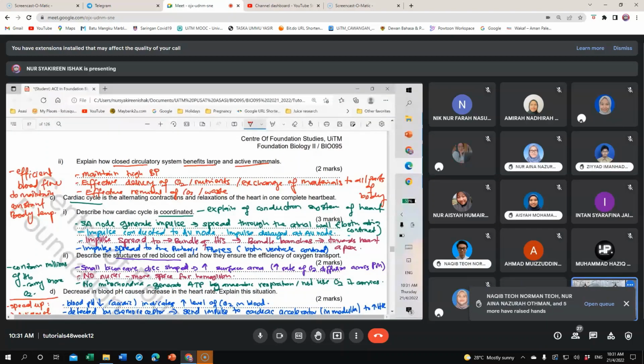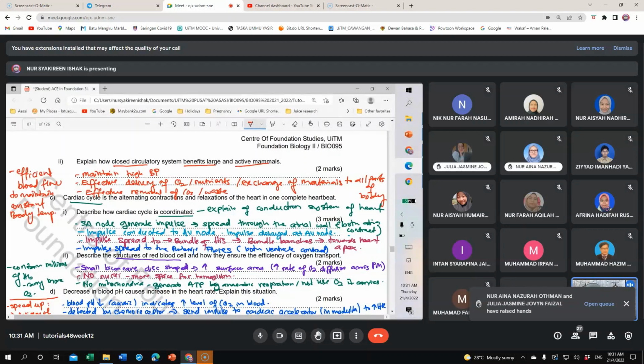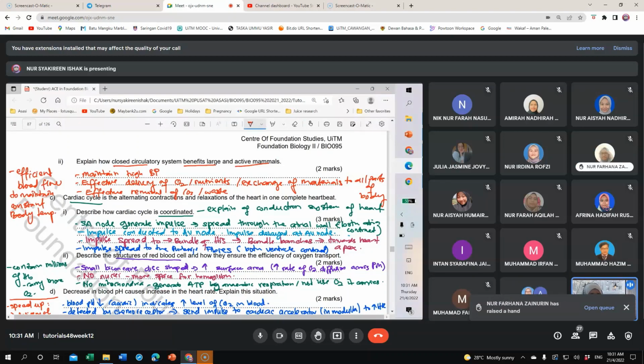Many, right? So look at the question, what the question wants. Many of you raised your hand. Coordinated, how is it controlled? By how the impulse is generated and flows through the myocardium. So first you have to explain. This question is 3 marks.